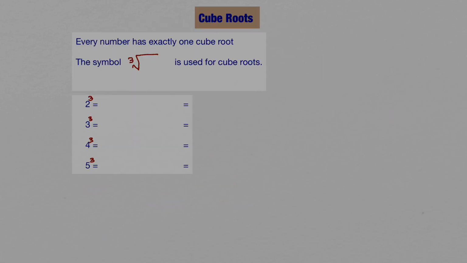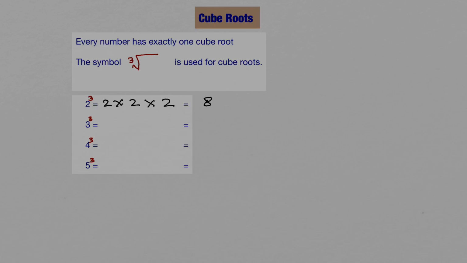In a similar way, now we're going to do cube roots. In cube roots, every number has exactly one cube root. The symbol we use for the cube root is like a square root sign with a 3 here. For 2 cubed, 2 times 2 times 2 is 8.